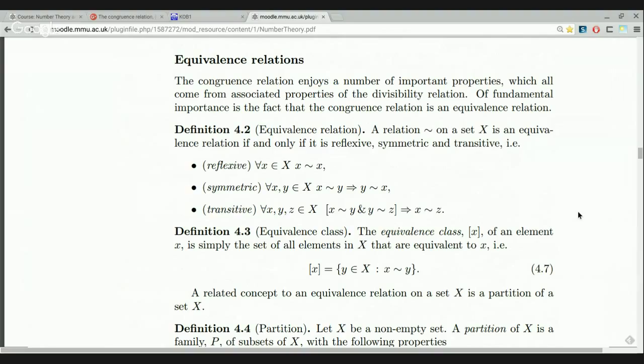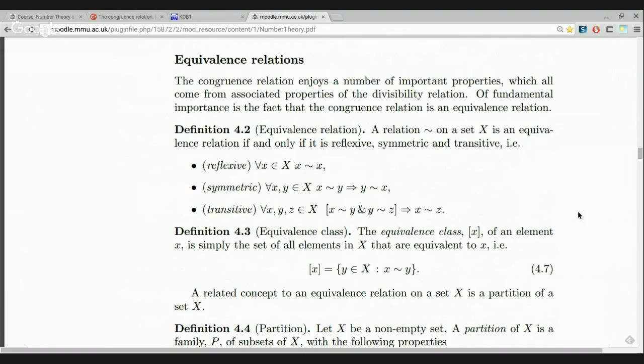Well, these three properties, reflexivity, symmetry, and transitivity, are three important properties that the equality relation has. They're also shared by many other relations. Any relation which has these three properties is called an equivalence relation. And we proved last time that congruence is an equivalence relation.